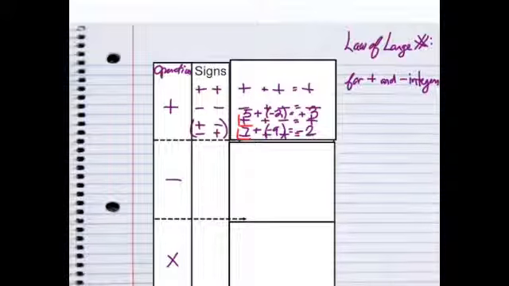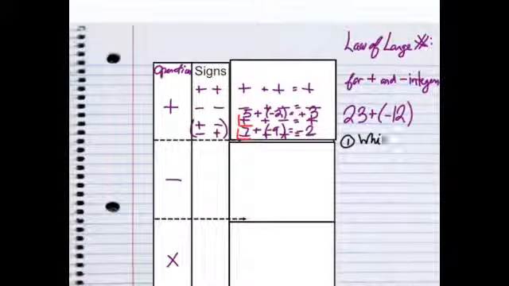And like I mentioned before, let's take an example problem. 23 plus negative 12. Step 1 would be to say which is larger. Well, that's the 23.